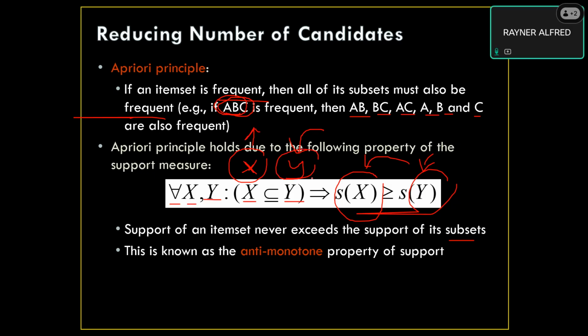That means if this is not a frequent item set, automatically this one is also not frequent. Because if this is not frequent, the value of its support is lower than the minimum support, and of course this one will also be lower than the minimum support.